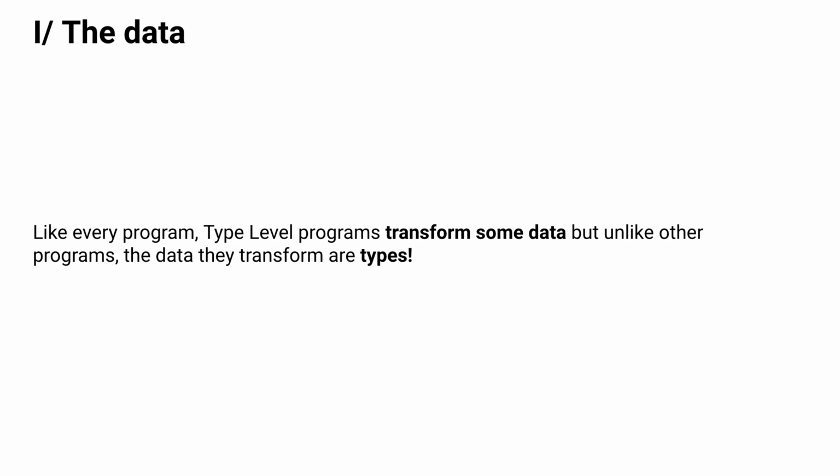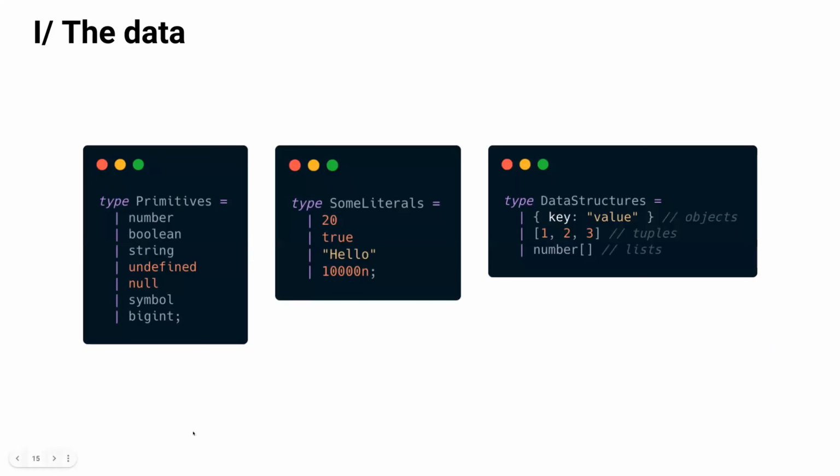So the first thing I need to tell you about is the data we will process. Like any programming language, type level programs transform some data, but unlike most of them, they transform types. So the data we are going to deal with are types. What do we have at our disposal? We have the primitive types: number, string, boolean, that kind of stuff.